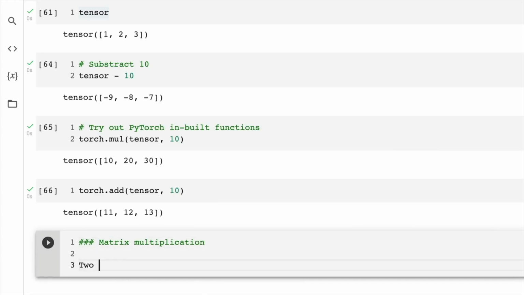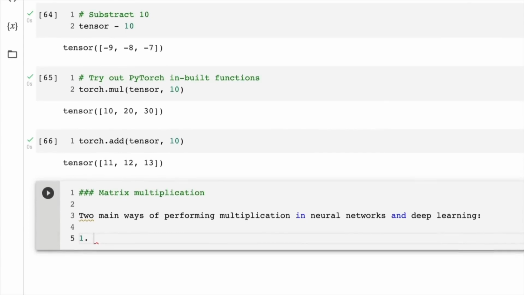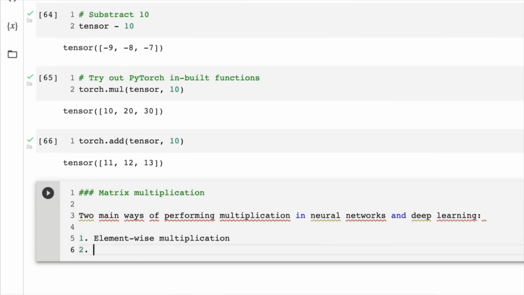So there's two main ways of performing multiplication in neural networks and deep learning. So one is the simple version, which is what we've seen, which is element-wise multiplication. And number two is matrix multiplication.